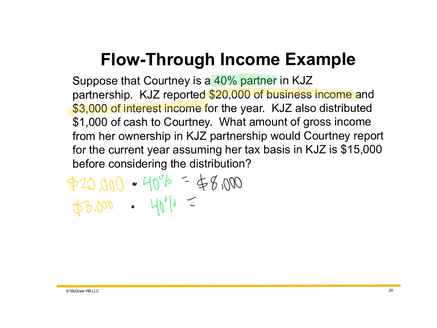So when we multiply those two together, Courtney's share of the interest income is $1,200. So then if we add both of these pieces together, because both will flow through to Courtney, Courtney's total amount of income that she will report from KJZ partnership is $9,200.